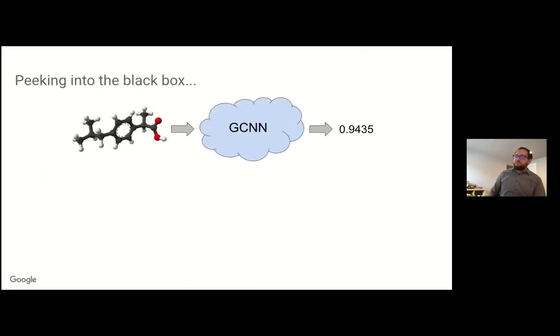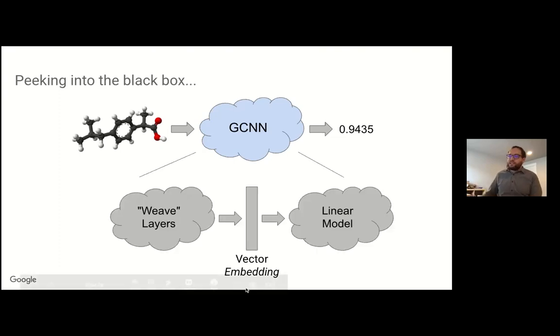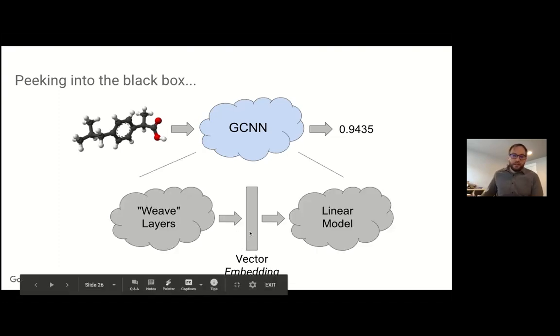And just as a very quick overview of conceptually what the graph convolutional network is doing, rather than working on a molecular fingerprint like ECFP that we used to train the random forest models, the graph convolutional neural network actually takes in the graphical structure of the small molecule as input, and then does a series of operations to produce a new representation of that molecule that happens to be a vector, just like your Morgan fingerprint.